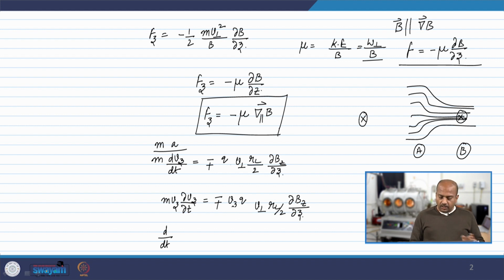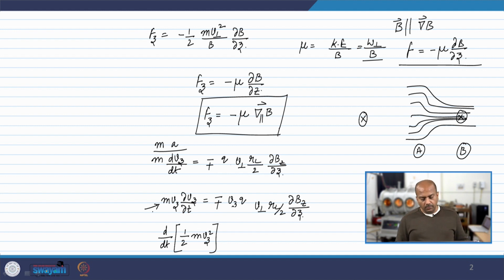The reason that I have multiplied with Vz is that I will be able to write the left hand side as the rate of change of kinetic energy. So, if I take a derivative, what will I get? Half times m times 2 Vz dVz by dt. So, 2 gets cancelled, we will still have the same formula appearing on the left hand side.